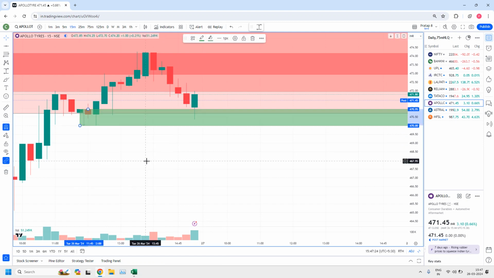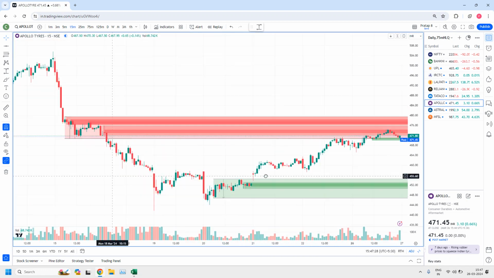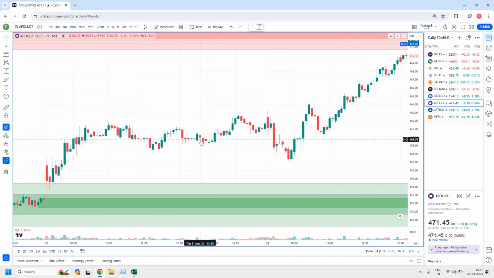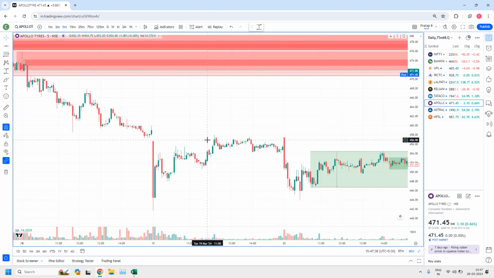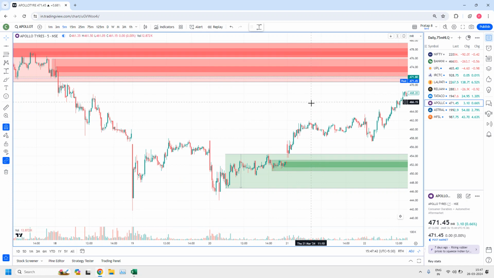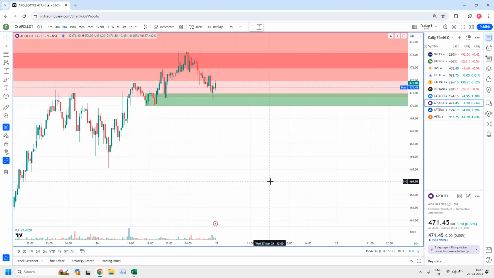This is the demand zone. So this is the target. This is the 5 minutes demand zone.